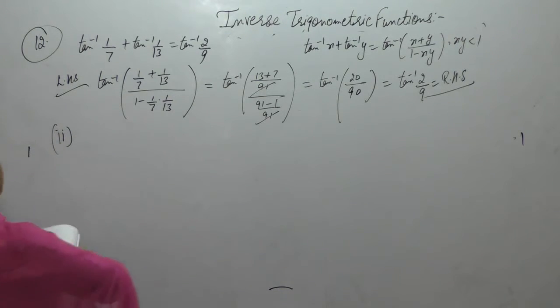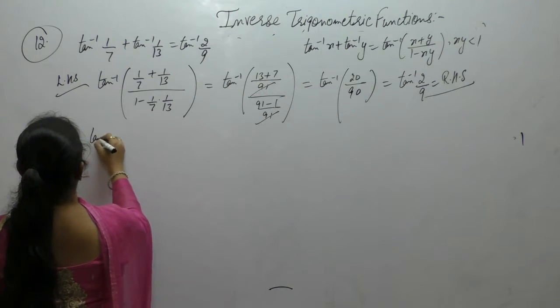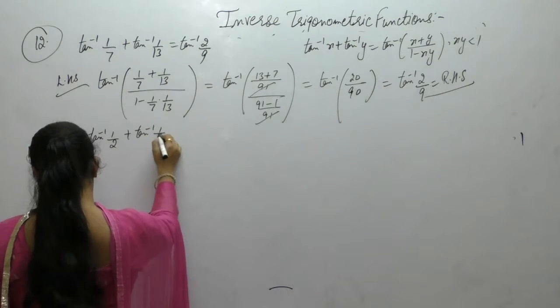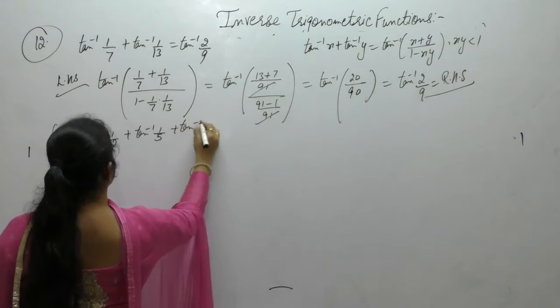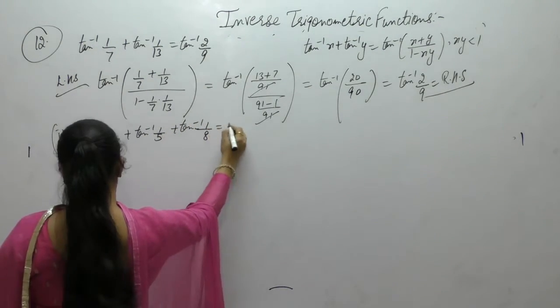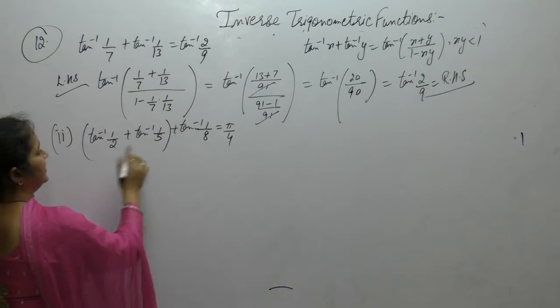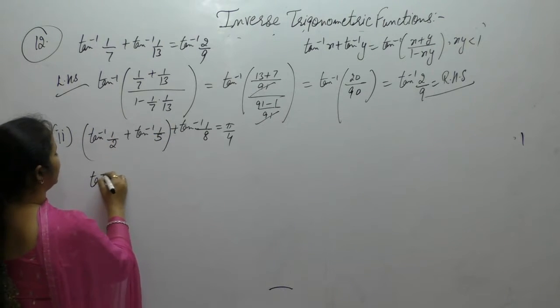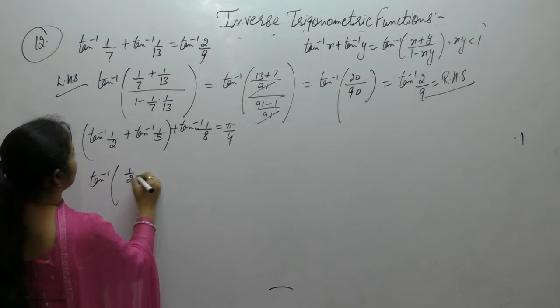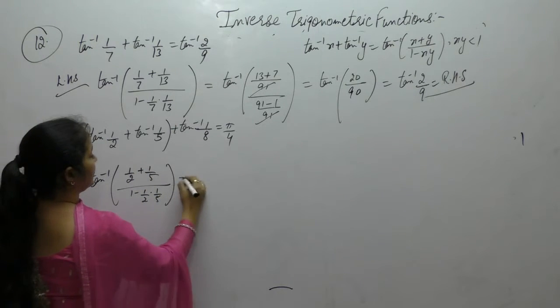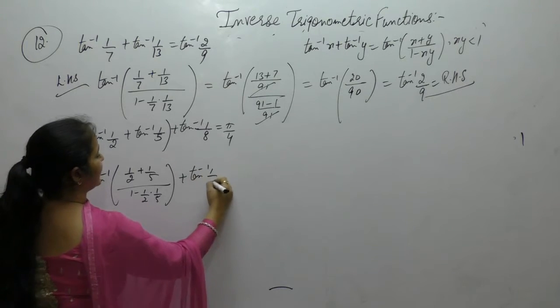tan inverse 1 by 2 plus tan inverse 1 by 5 plus tan inverse 1 by 8 is equal to pi by 4. First take two terms, apply the formula tan inverse of (x plus y) upon (1 minus x into y), plus tan inverse 1 by 8 as it is.